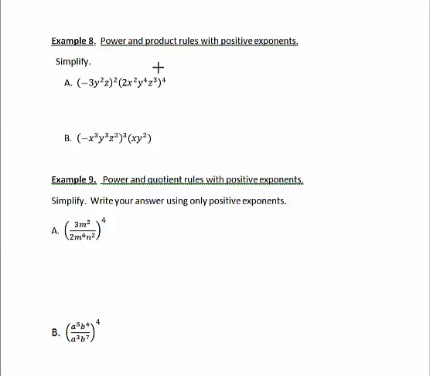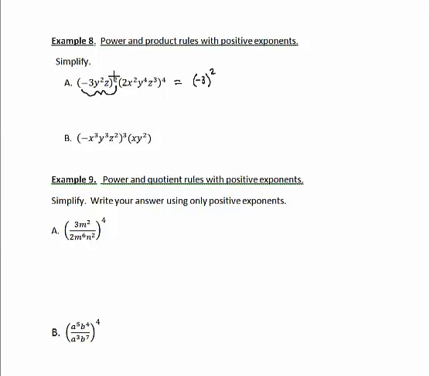Alright, so example 8, we've got a big mess here, a bunch of different variables, coefficients, parentheses with exponents on the outside, which should tip you off that you're going to have to apply the power rule. So we'll simply deal with this first one and write this as a negative 3 squared.